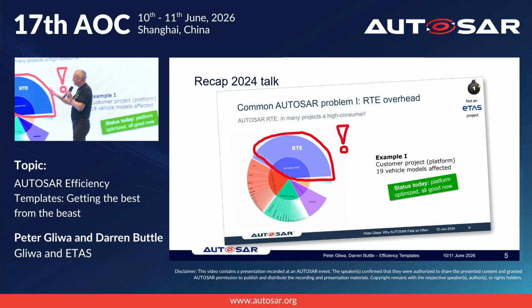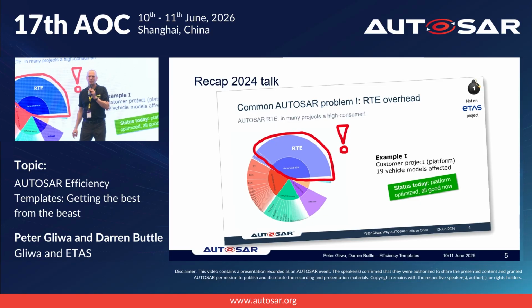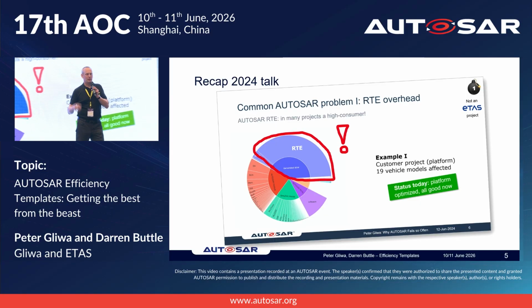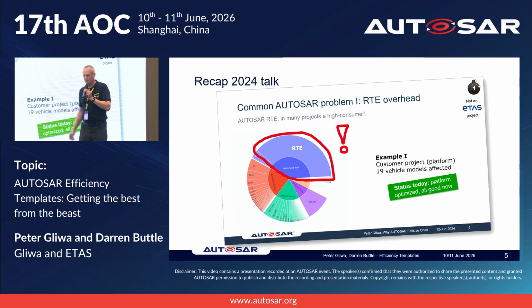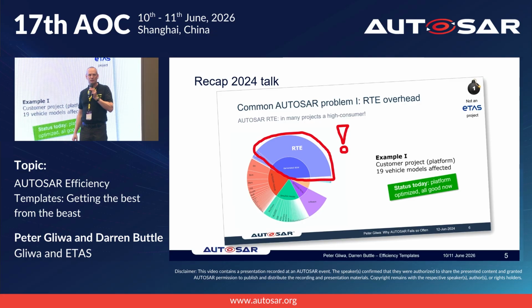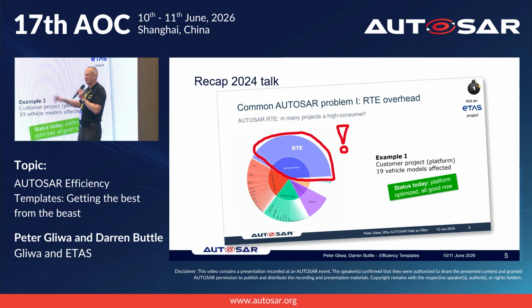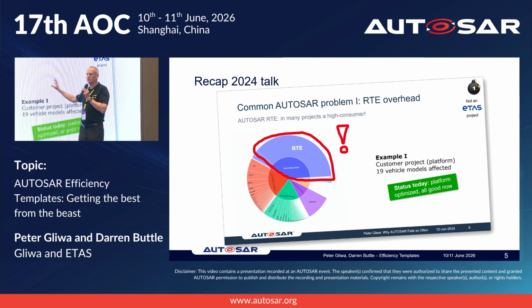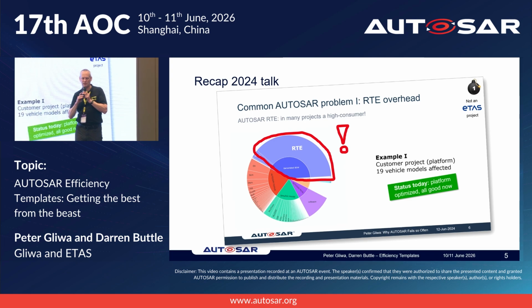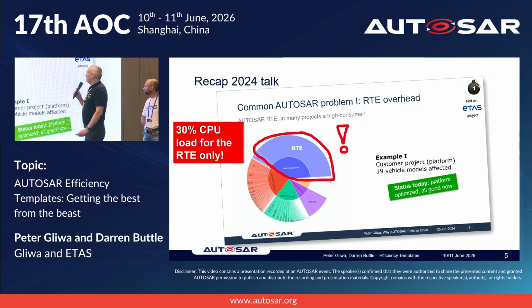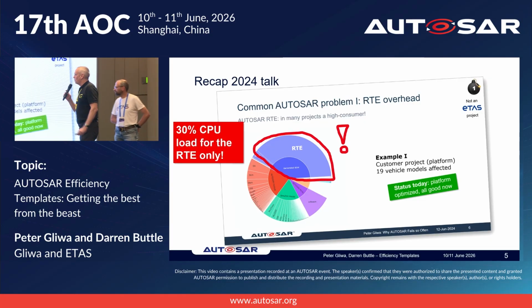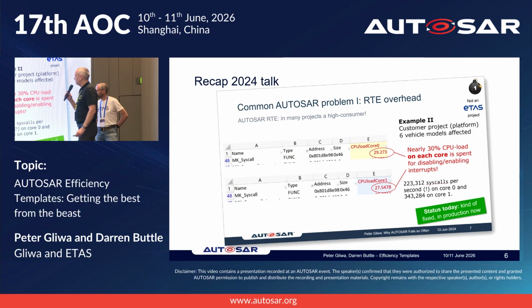Look at how big the piece of the cake is that goes to the RTE, which enables the consistent data communication. But actually, this is not what you have in mind when you write automotive software, right? That so much time is spent in the RTE. There must be a better way. So 30% of CPU load only for the RTE.